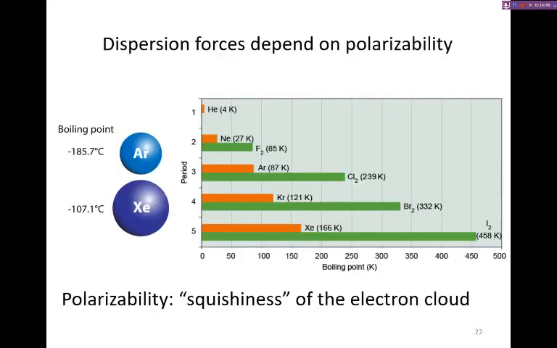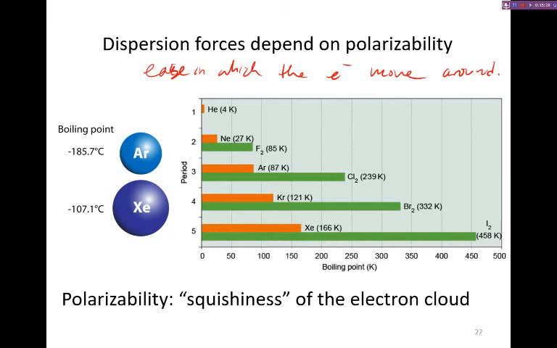So let's talk about the term polarizability. I said earlier that dispersion forces depend on polarizability. You can think of it as the ease with which the electrons move around. Remember when we talked about periodic trends, larger elements don't hold their electrons as well. Therefore, they're also going to be more polarizable. It's easier to move the electrons from one side to the other.